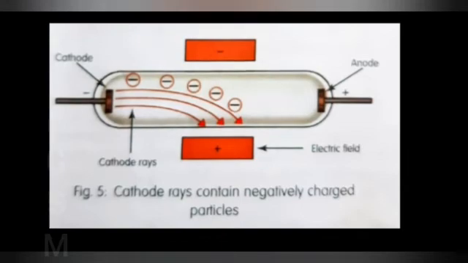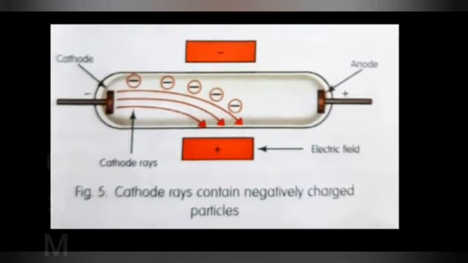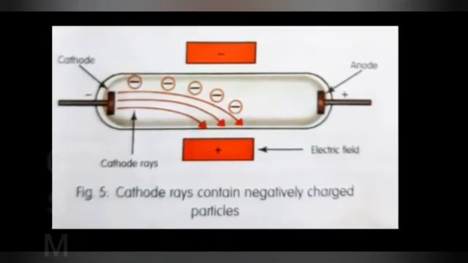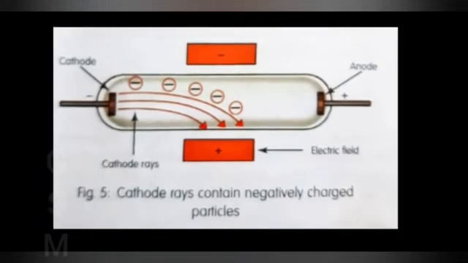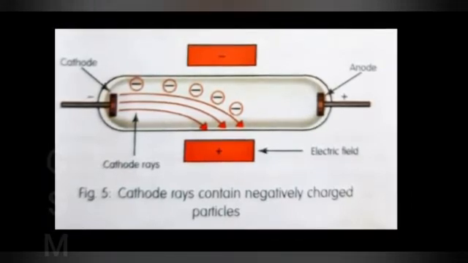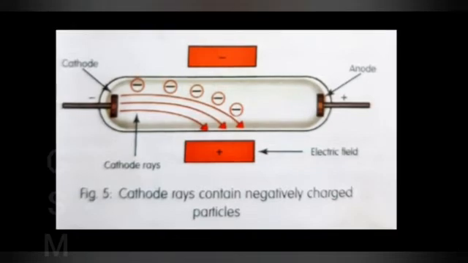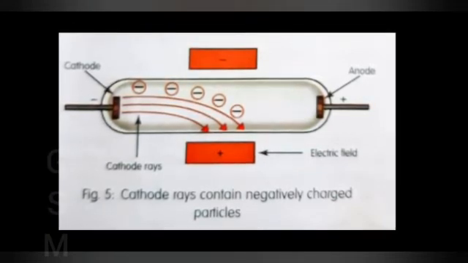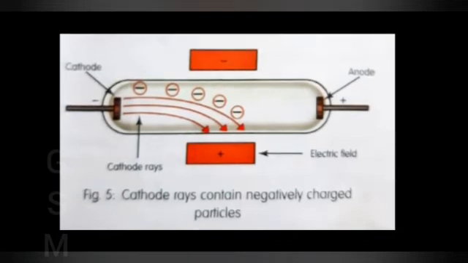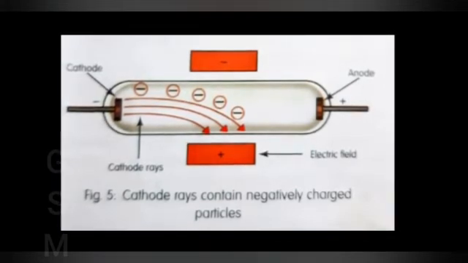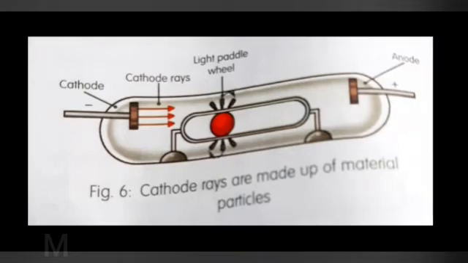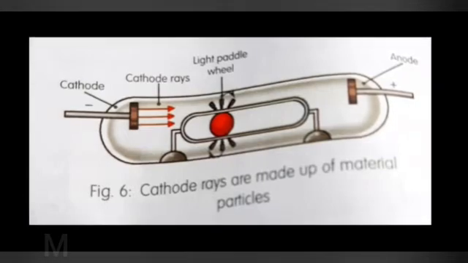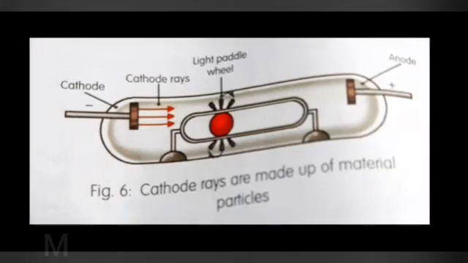The next property: these rays contain negatively charged particles as they are attracted towards the positive plate of an externally applied electric field. So, cathode rays contain negatively charged particles. The next property is that these rays are made up of material particles which have energy in them and can rotate a lightweight paddle kept between the cathode and the anode.